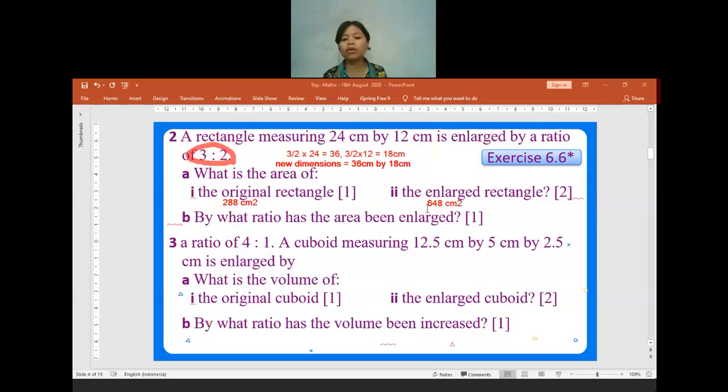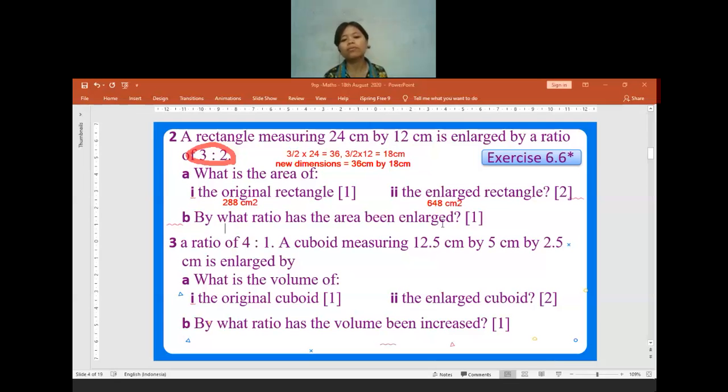Is there anyone who is confused so far? No? Okay. If you have no confusion, let us move to the next part of question 2. By what ratio has the area been enlarged? You can use this one or you can use what we already learned last week. When it is about the area, we can directly do something to its initial ratio.